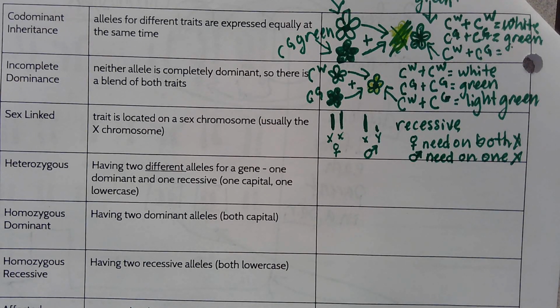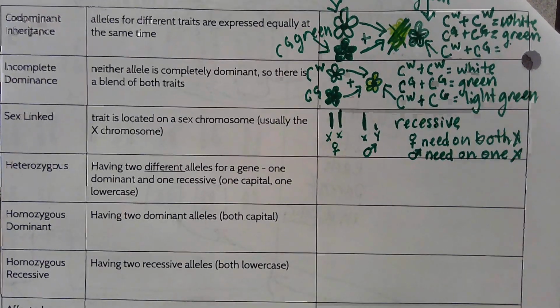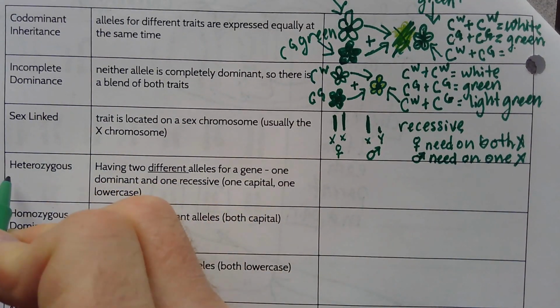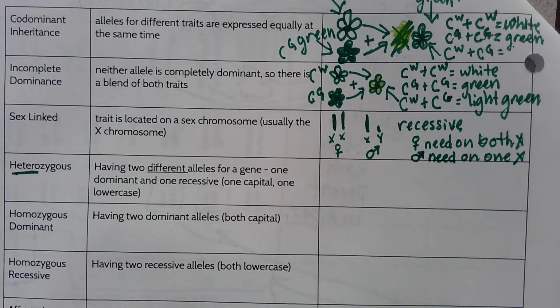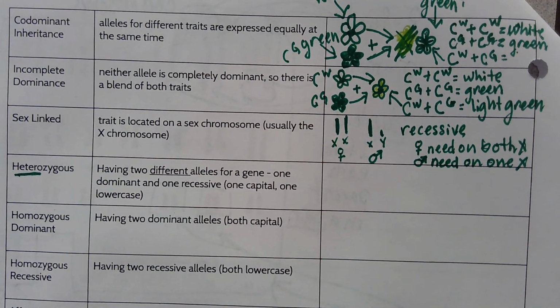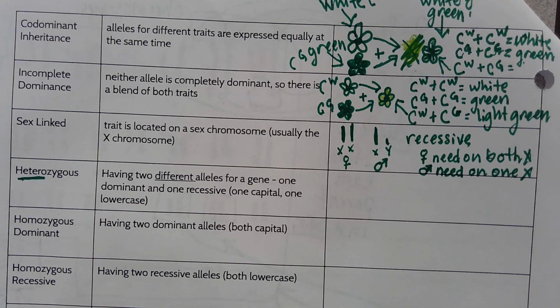All right. I'm going to get into some language that maybe will help you. Hetero means different. If I think about heterosexual, it means a male is attracted to a female, right? So those are going to be different.